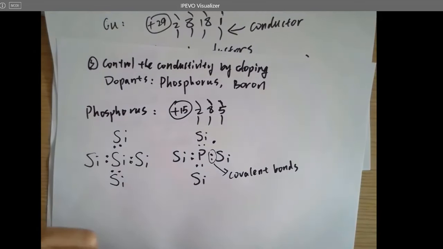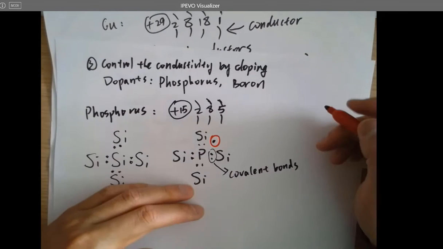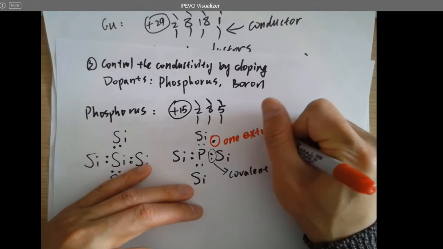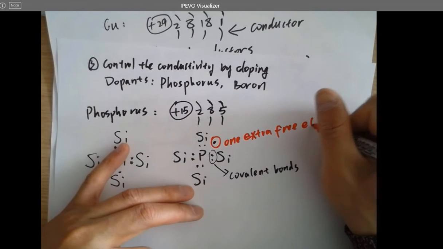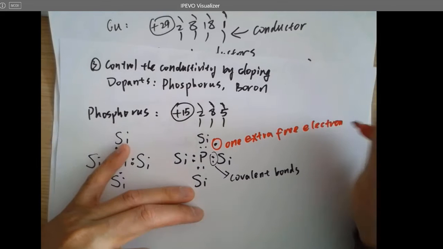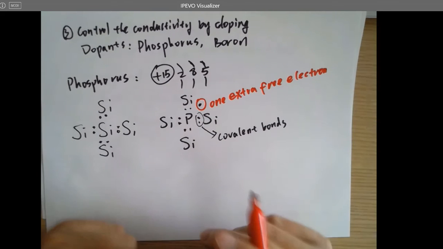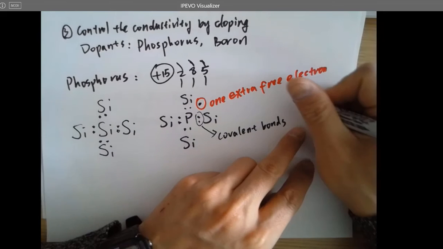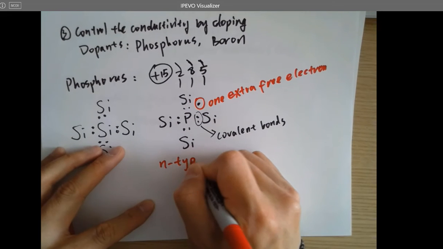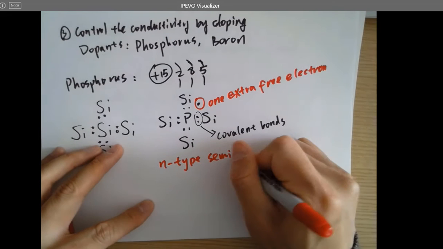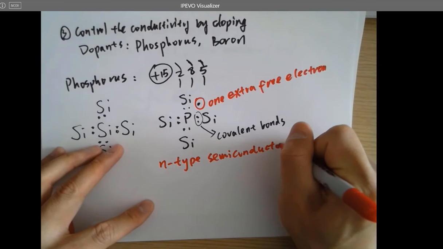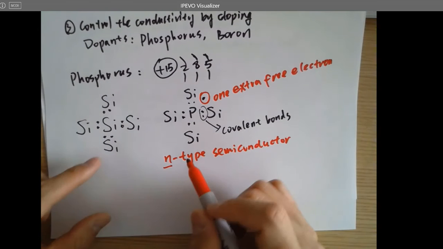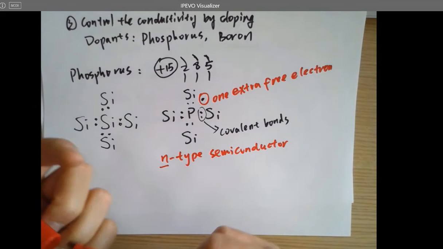It's going to be a free electron. And that's why we call this type of semiconductor an N-type semiconductor. You can remember this by thinking about it being negative, right? So the electron takes a negative charge.